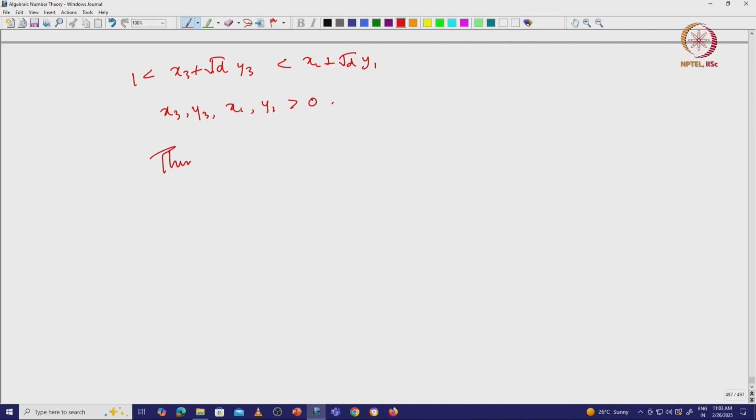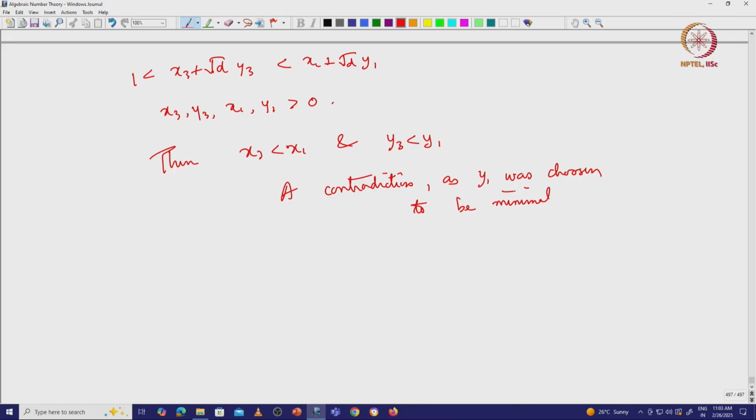So, then we have x3 is less than x1 and y3 is less than y1. So, that is a contradiction as y1 was chosen to be minimal, right.